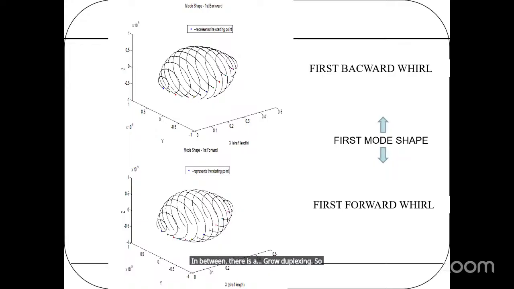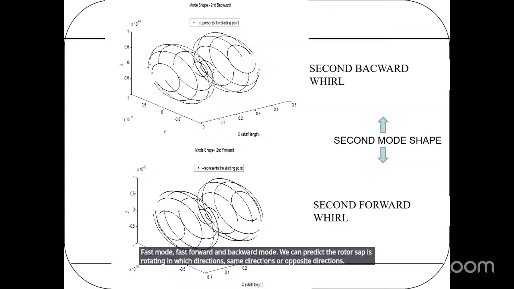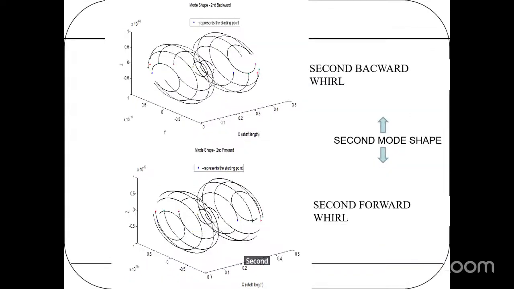So from the first mode, forward and backward mode, we can predict in which direction the rotor shaft is rotating, same direction or opposite direction. Second mode is having a zero node in between.